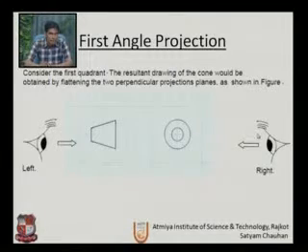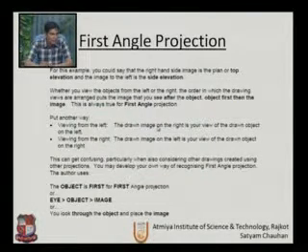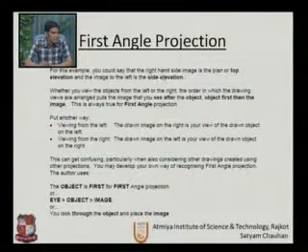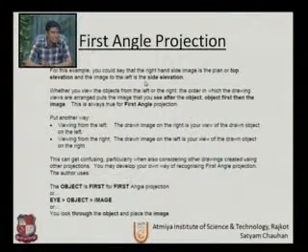So this is the difference. In the first angle position, for this example, the right hand side image is the plan or top elevation, and the other image is on the left side.